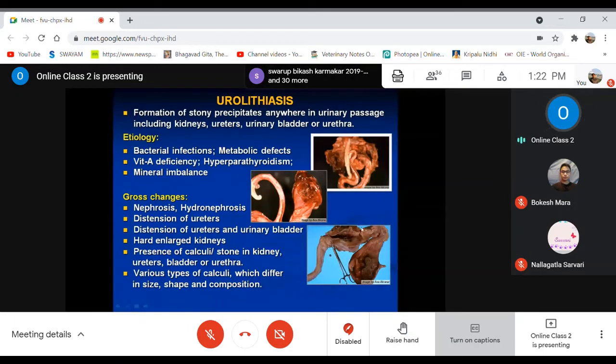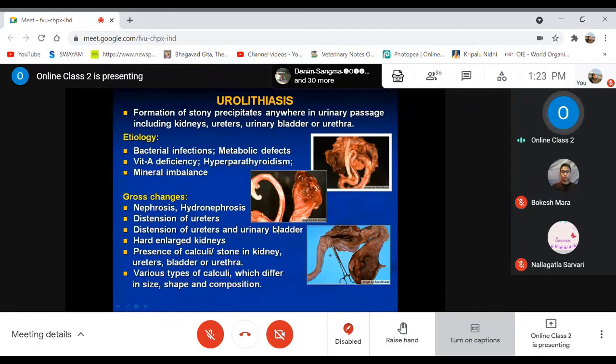So the urine which is formed inside the kidneys and goes out through the ureter to the bladder may be retained, blocked. Obstruction will be there. That's why there will be distension of the ureter, dilatation of the ureter.